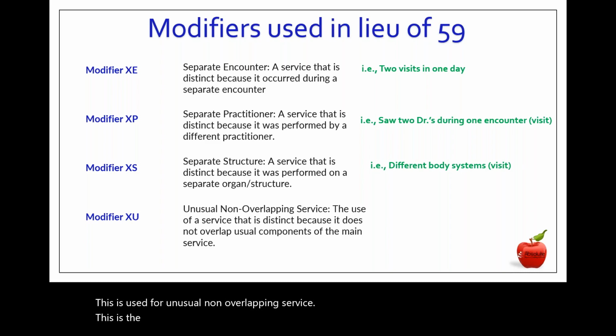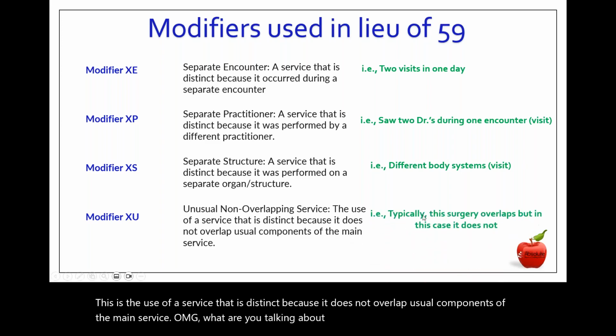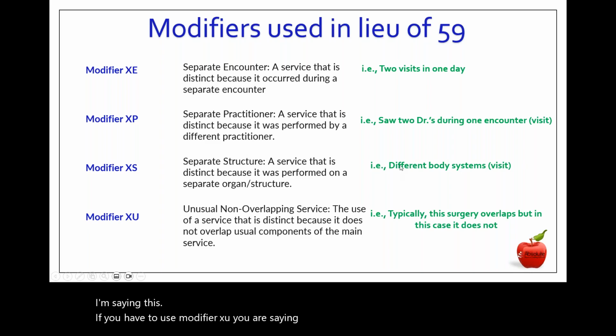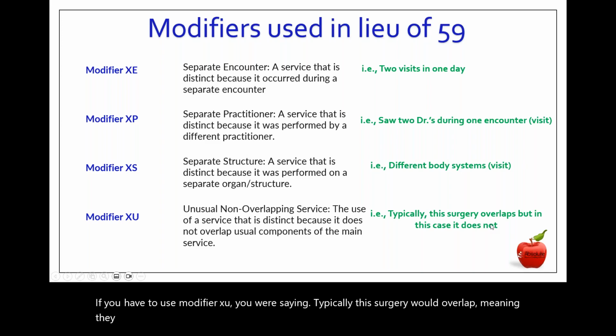It is used for a service that is distinct because it does not overlap usual components of the main service. What does that mean? If you have to use modifier XU, you are saying typically this surgery would overlap, meaning they bundle one another.